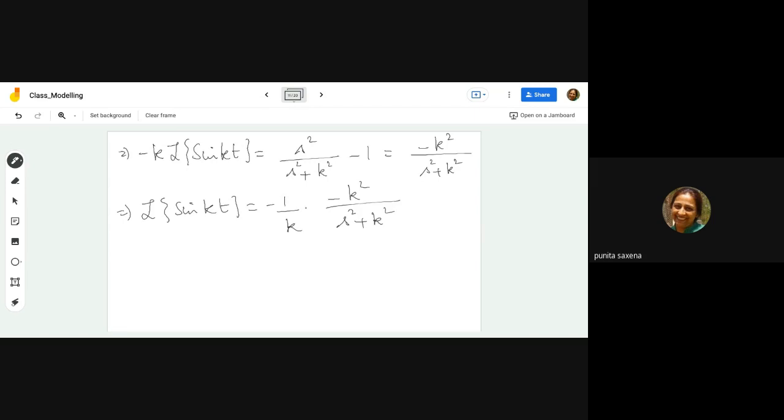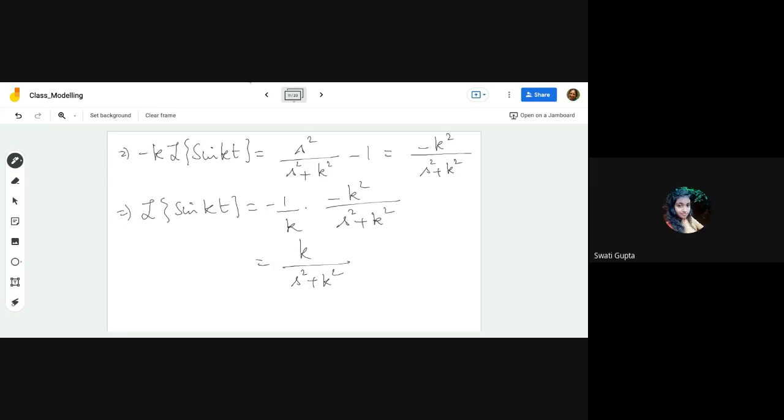Right or wrong? I'm right. And which is actually nothing but k upon s square plus k square, which we know is the Laplace transform of sin kt. यही होता है ना?